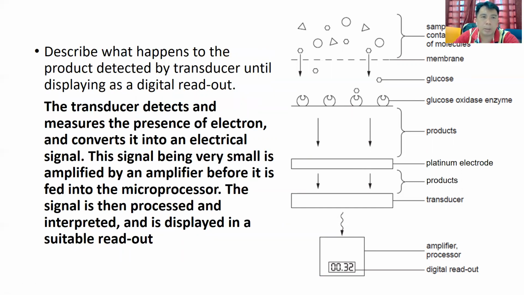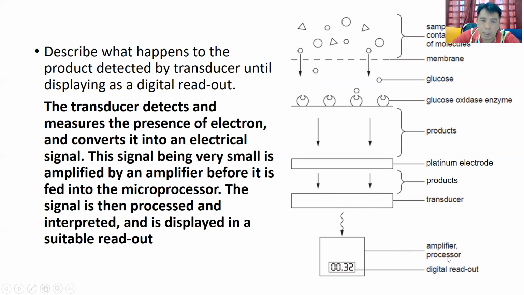Describe what happens to the product detected by the transducer until it is displayed as a digital readout. This question describes what happens starting from the transducer to the end. The transducer detects and measures the presence of electrons and converts it into an electrical signal. The electrons here are the chemical signal, converted into an electrical signal. This electrical signal is very small, so it is amplified by an amplifier before it is fed into the microprocessor.